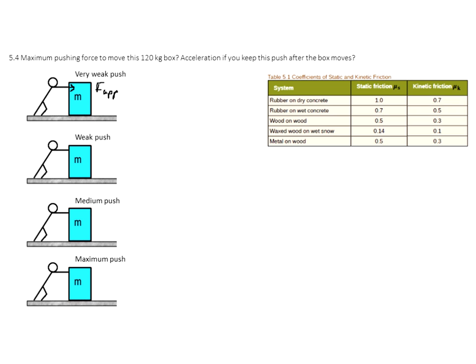It's a very weak push, and it's a 120 kilogram box, so qualitatively speaking, it makes sense that a very weak push is not going to do anything to a 120 kilogram box. That's over 250 pounds. So we've got a box with a football lineman hiding in there, or a shot putter hiding in there.